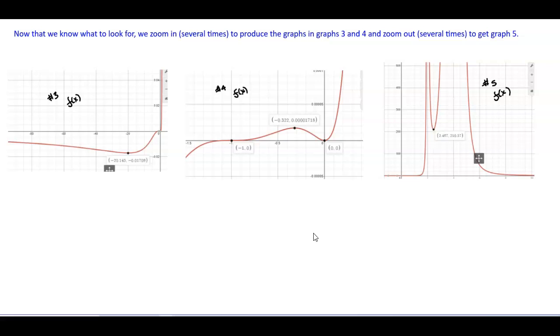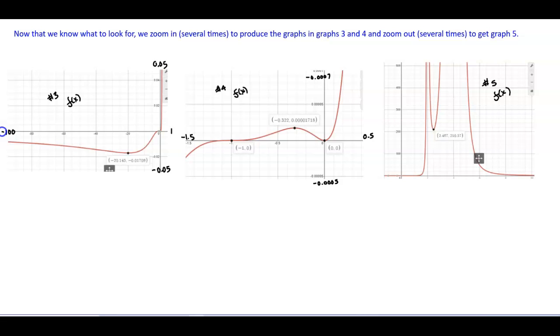The viewing rectangle here was going from -100 to 1, and then -0.05 to +0.05. The viewing rectangle in number 4 had gone from -1.5 to 0.5, and then -0.001, or in this case we can go to 5, and -0.0007.